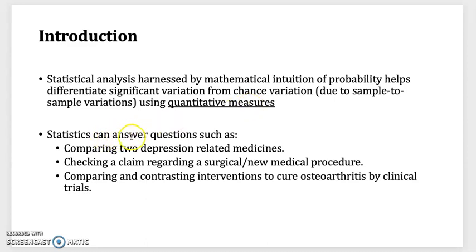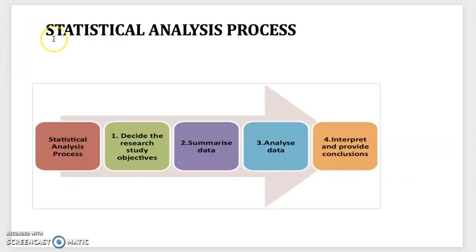Statistics can usually answer questions like comparing two treatments related to a specific medicine, checking a client regarding a surgery or a new medical procedure, and comparing and contrasting interventions to cure arthritis by clinical trial. So we can use the sample data from the population and apply statistics to answer the question. That's why after we apply statistics, we have the statistical analysis process.